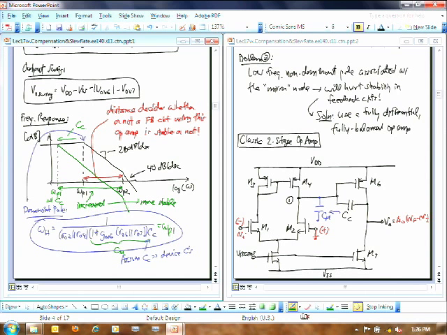So let's take a look at some of your lab circuits now. You saw that I had one to steal, so I'm going to steal it right now. This circuit.